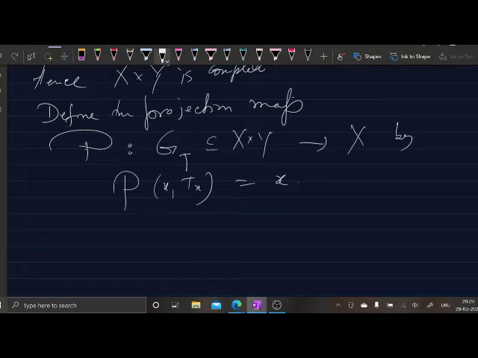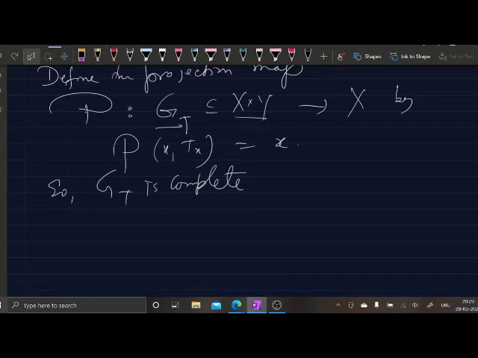Now, being a closed subset of a complete normed linear space, GT must be complete. So GT is complete.